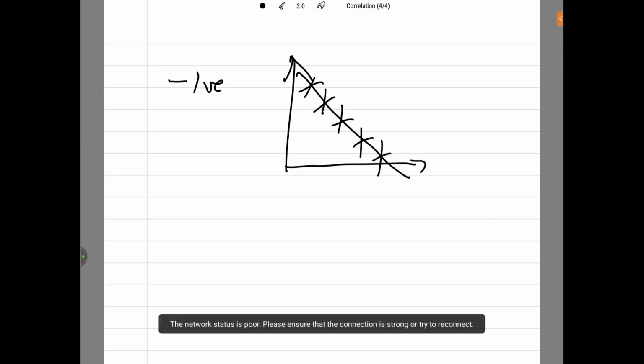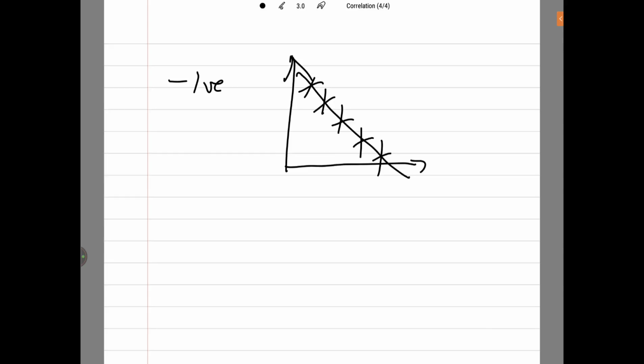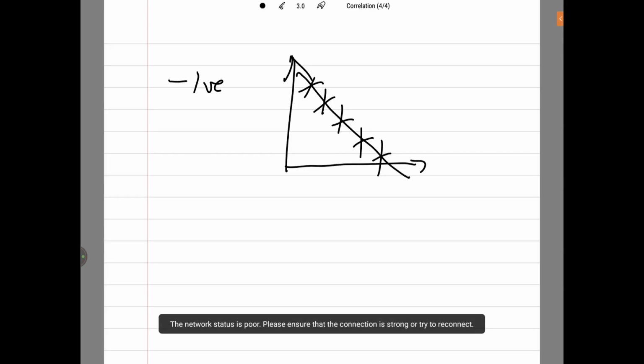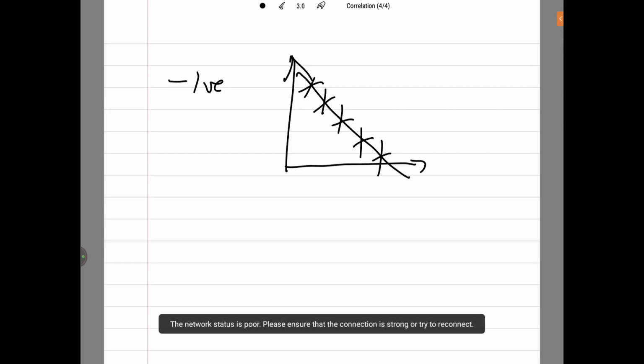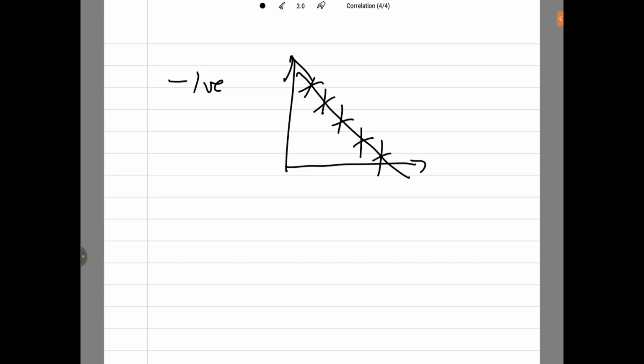All the measured points are on a straight line of best fit. That is -1. And negative because dependent and independent move in opposite directions.